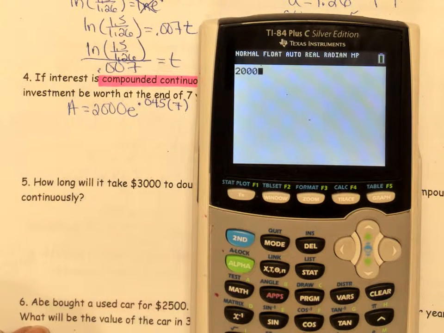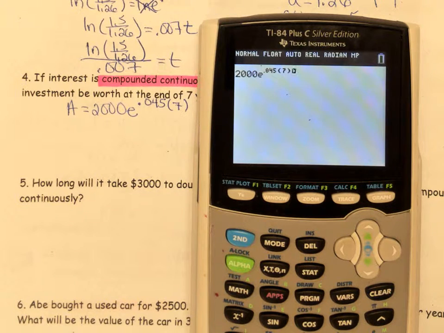Where's the e button? It's on the natural log, because it's the opposite of the natural log, right? So that's why everything is on the same button. And then you can do 0.045 times 7. If you have the old calculators, just use parentheses around the 0.045 times 7, and you can still plug it all straight in.